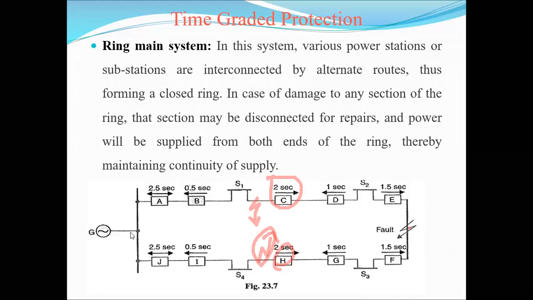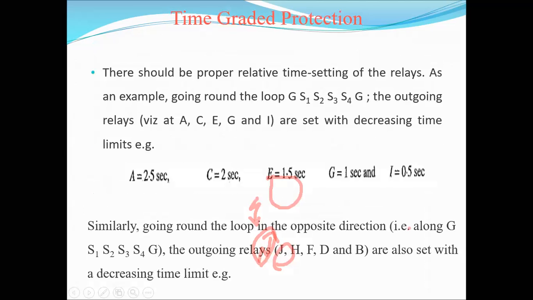This is the decreasing relay coil time setting: A, C, E, G, I.